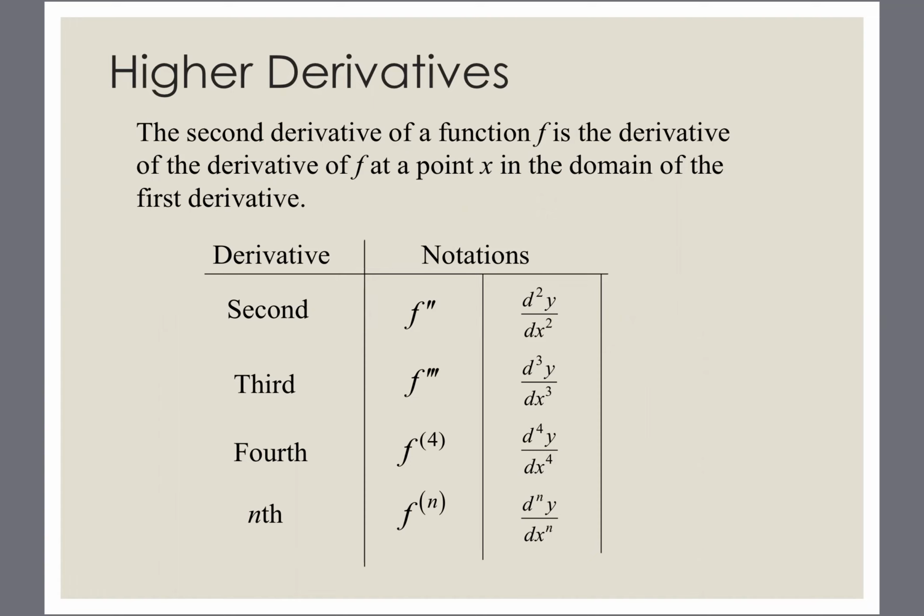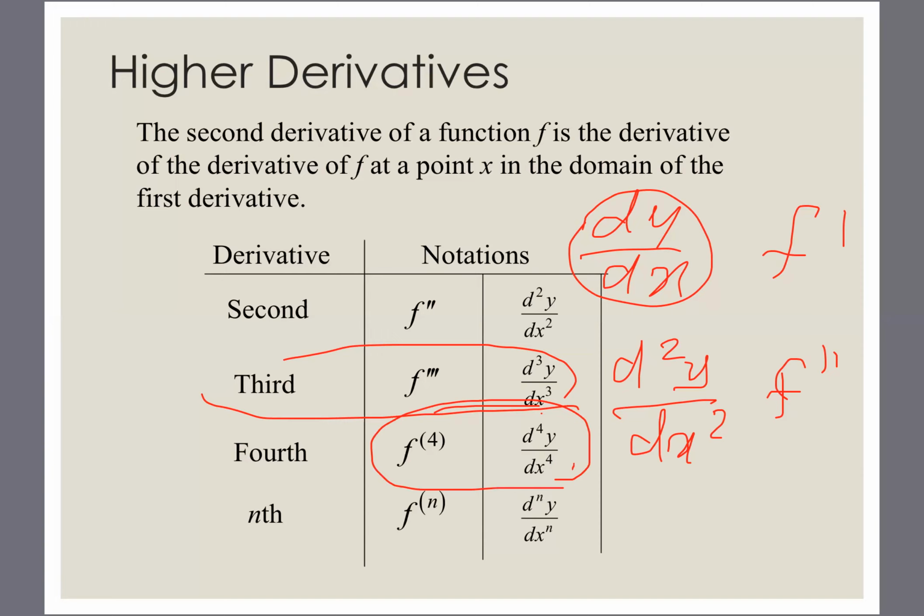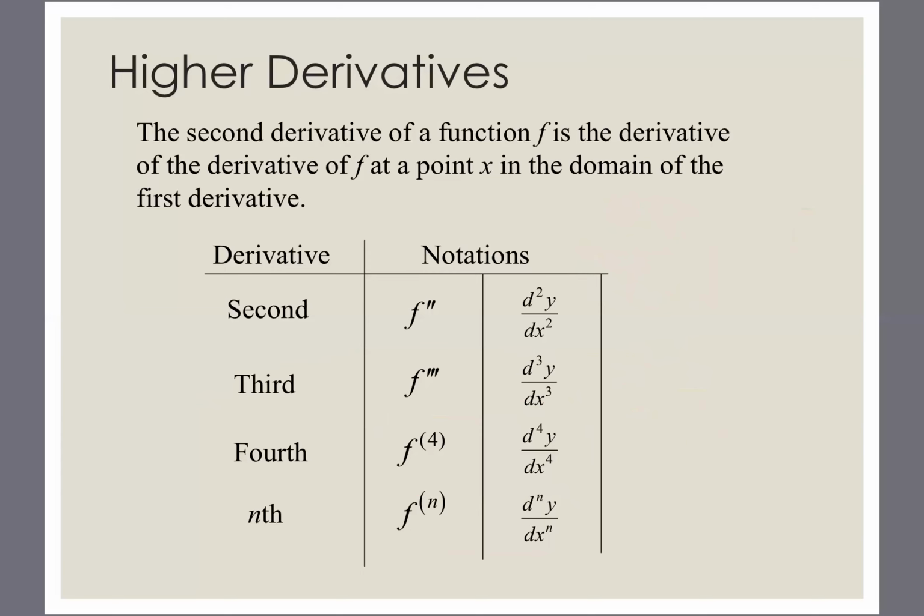So these are the notations. When we differentiate the first time, we write dy by dx or f dash, if we name our function f. Then for the second derivative, we differentiate once more: d2y by dx2 or f double dash. When it's the third time, we can use this notation. For the fourth time derivation, we can use this one. Or fifth, nth time, this is the notation. It is only about the notation.